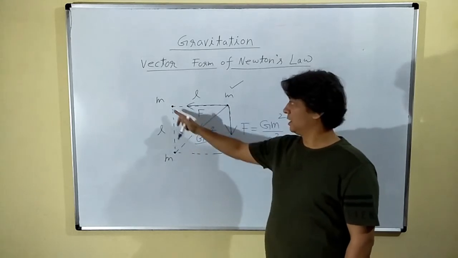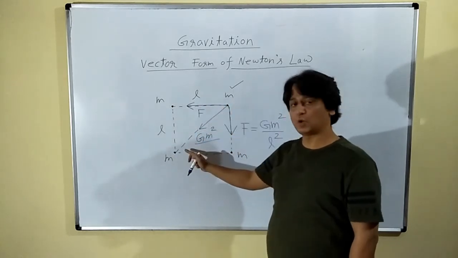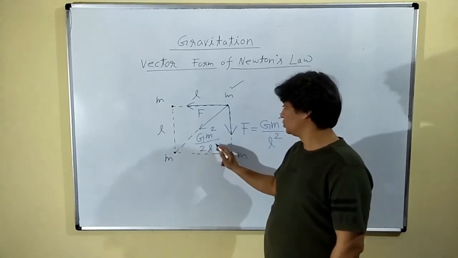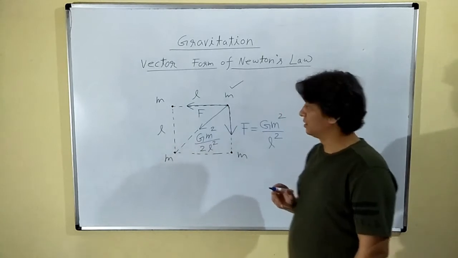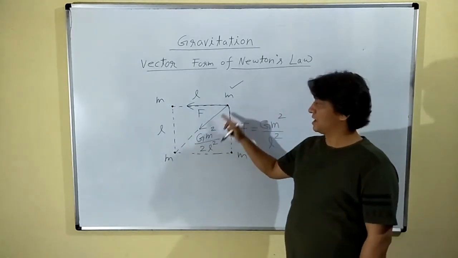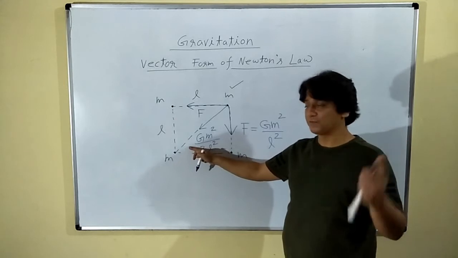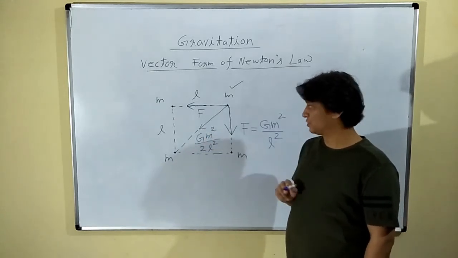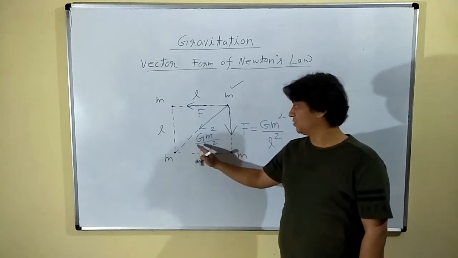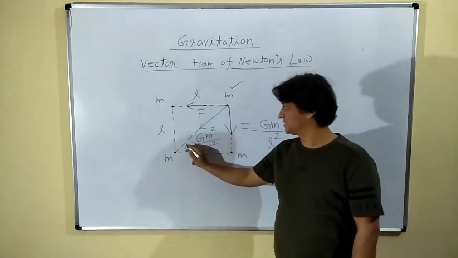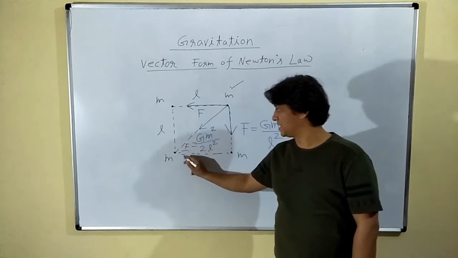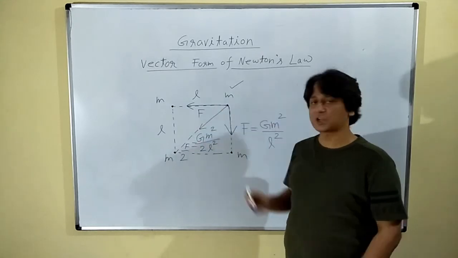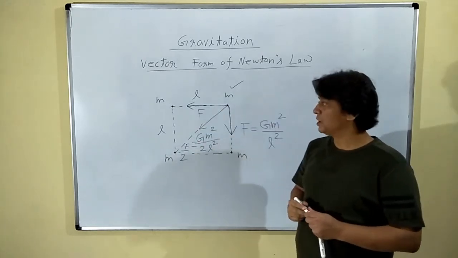Root 2 L. The square of that will give you 2 L square. Separation is root 2 L, square of that is 2 L square. Which means this third force should be written as F divided by 2. This is F, this is F, and the third force is F by 2.